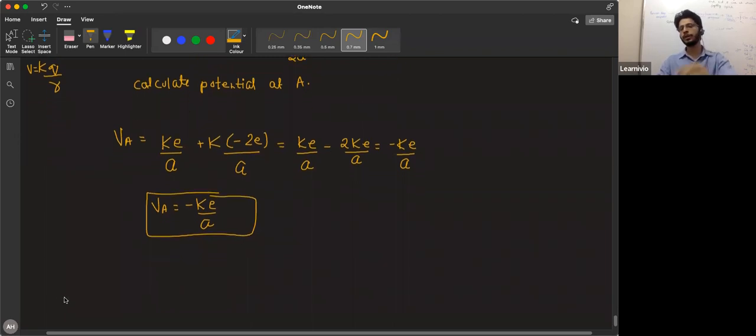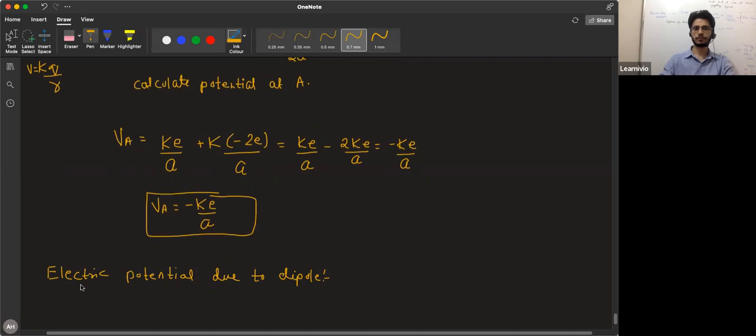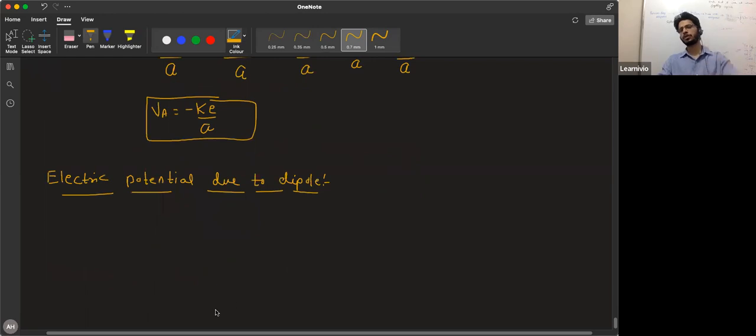After potential due to a point charge, the next topic is electric potential due to a dipole. Dipole means a system having equal amount of positive and negative charge.